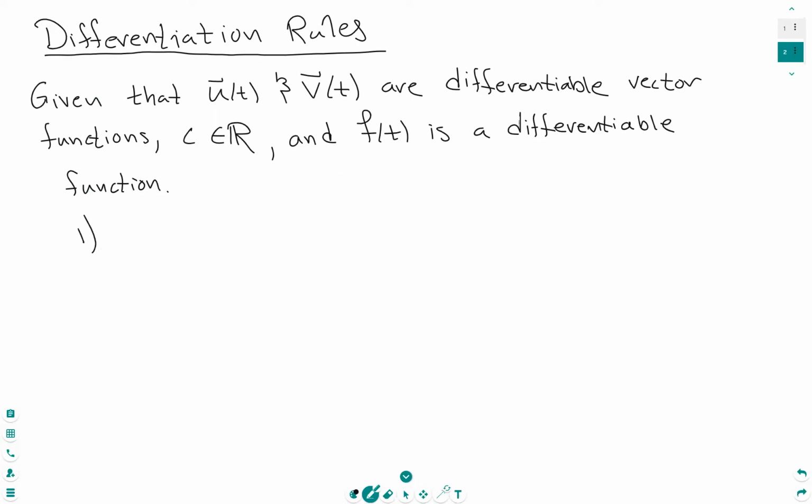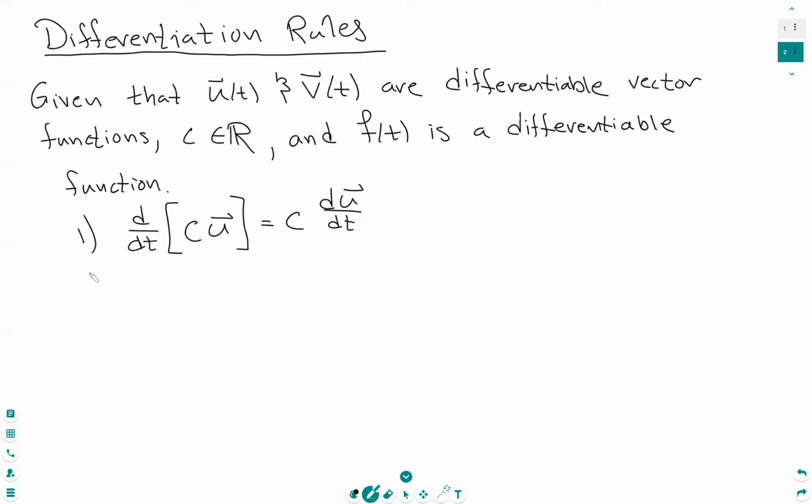One, if we take the derivative with respect to time of c times u vector, you can write this as c times u differentiated with respect to t. Right, so just kind of how you think differentiation works with functions and scalars.